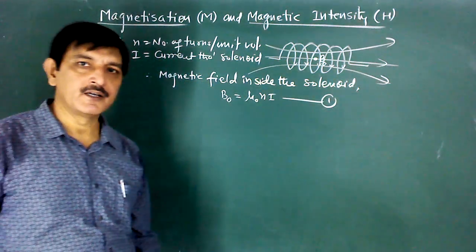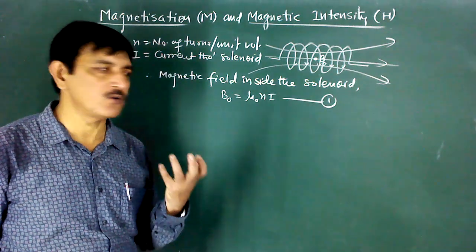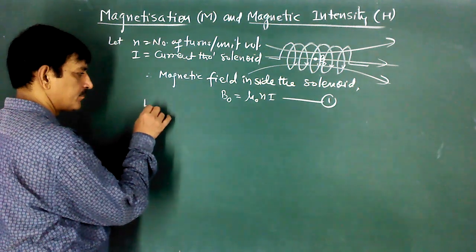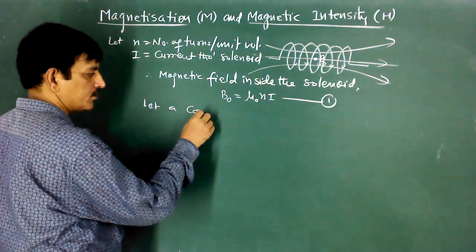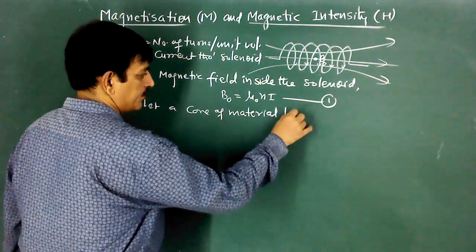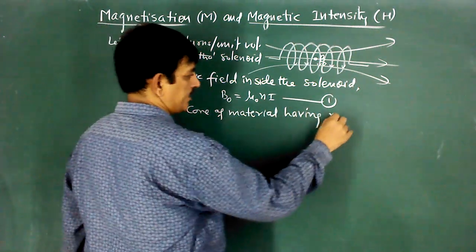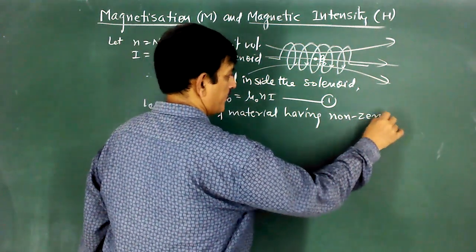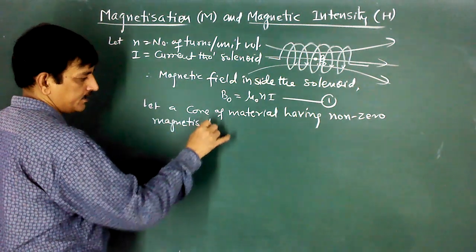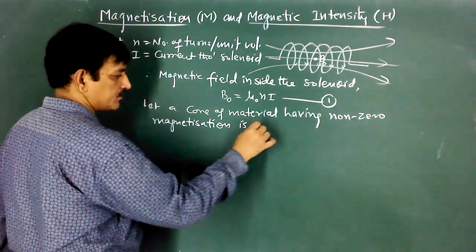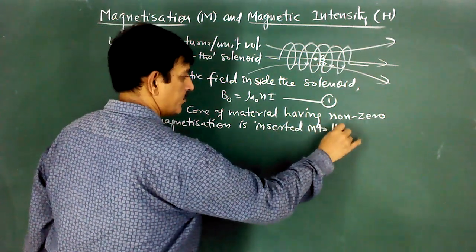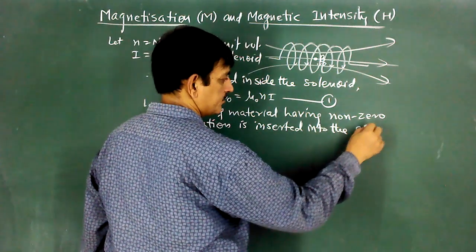Now what will happen if a core of non-zero magnetization is inserted into it? Let's say a core of material having non-zero magnetization is inserted into the solenoid.